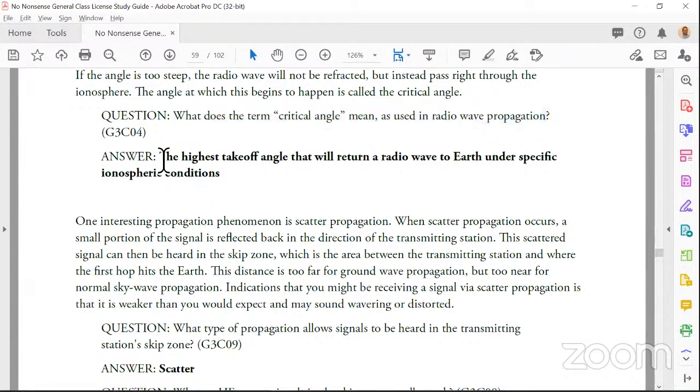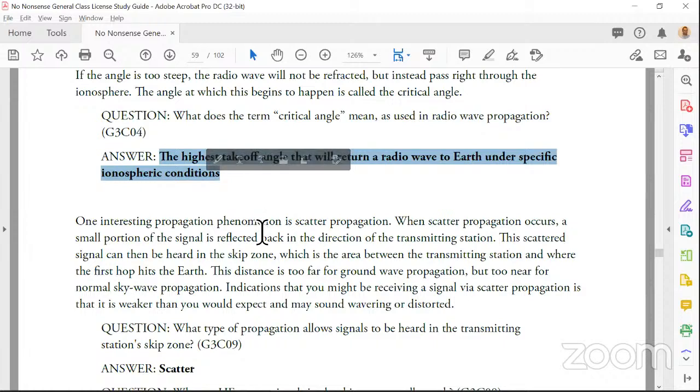So the answer is, it's the highest takeoff angle that will return a radio wave to Earth under specific ionospheric conditions. So remember that critical angle? Anything above that, it's going to pass straight through, and it's not going to be bounced, it's not going to be reflected, or it's not going to be refracted. So your takeoff angle is very important, and that critical angle is the one where you need to be below that.